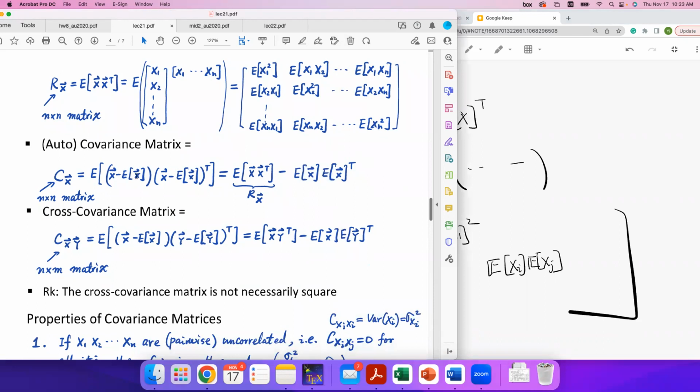Of course, in the more general case, if we want to look at the covariance between two random vectors, x and y, we call this the cross covariance matrix. That's following the same definition, but now we are looking at the covariance between x and y. So here's y instead of x. And this formula will become this one, okay?